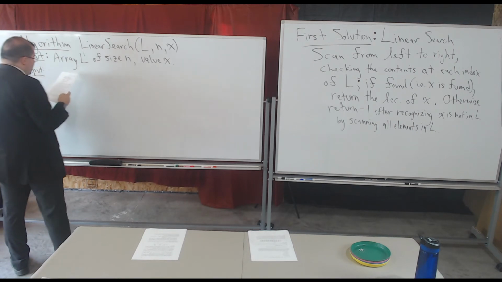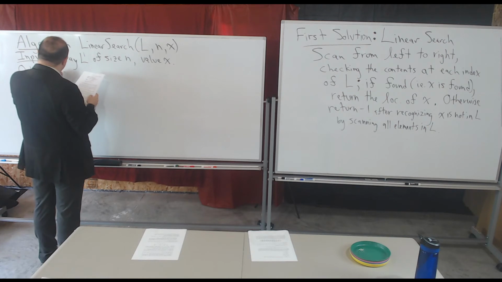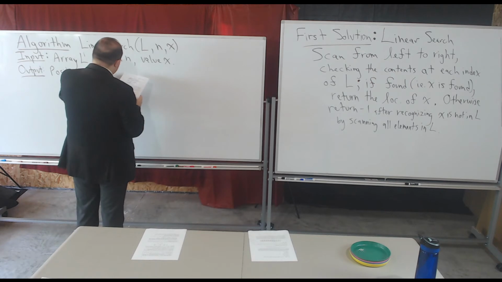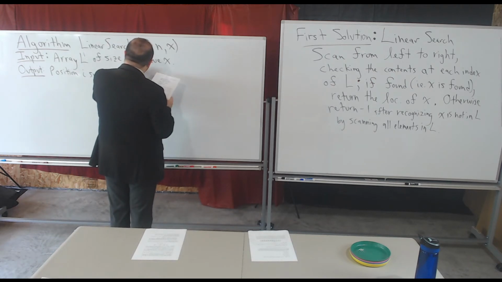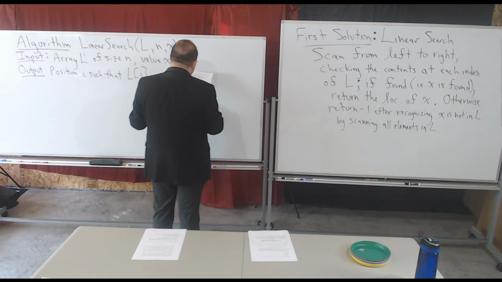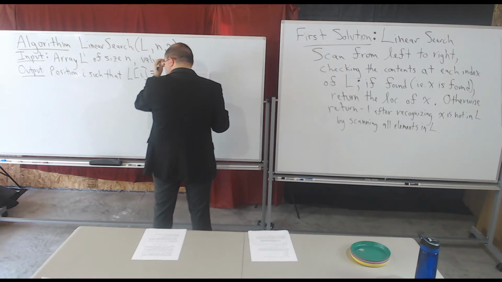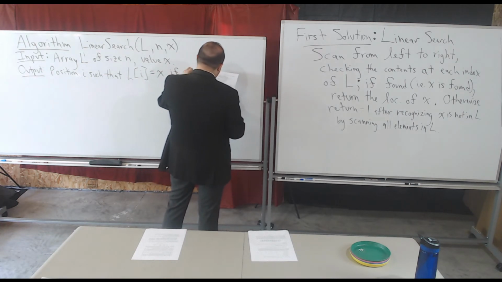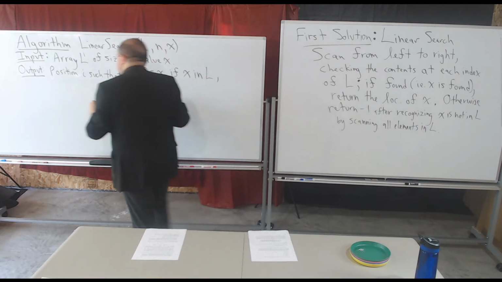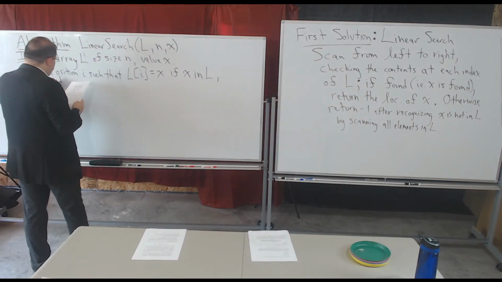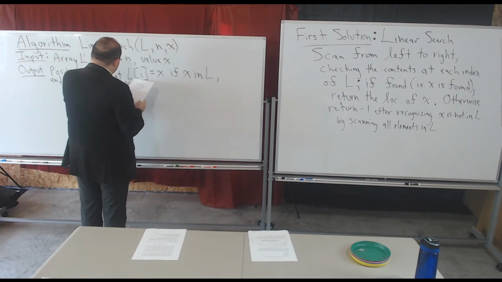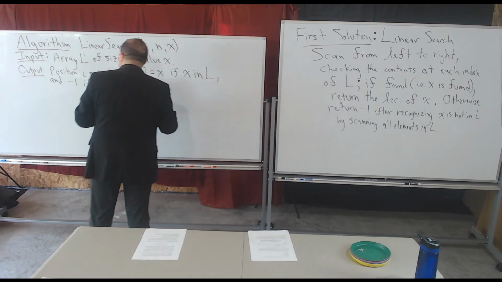So I have to specify the input and the output. So the output is position i such that L sub i, remember this is an index for an array, so I'm getting the element at position i, such that L sub i is equal to X if X is in L, and -1 if X is not in L. Okay.